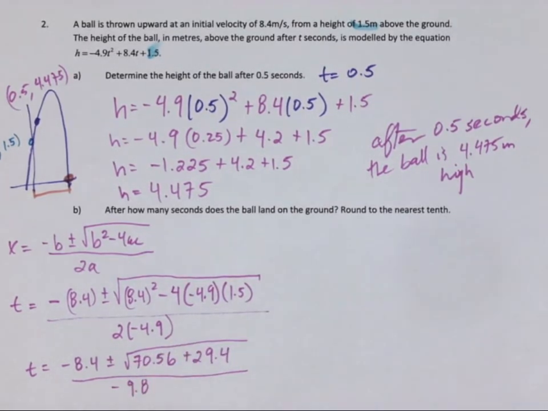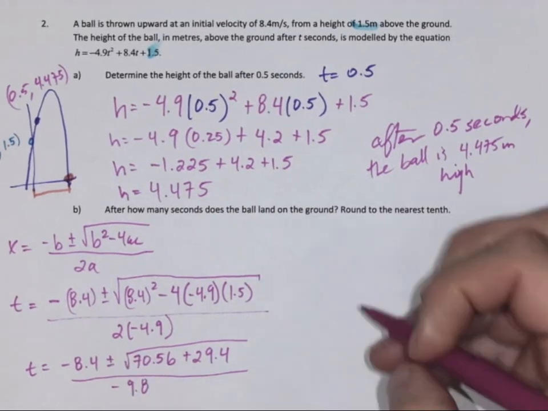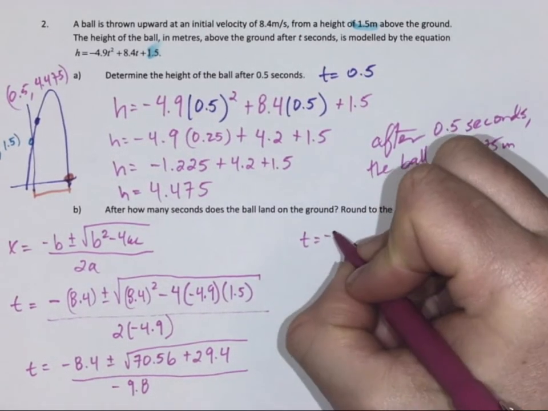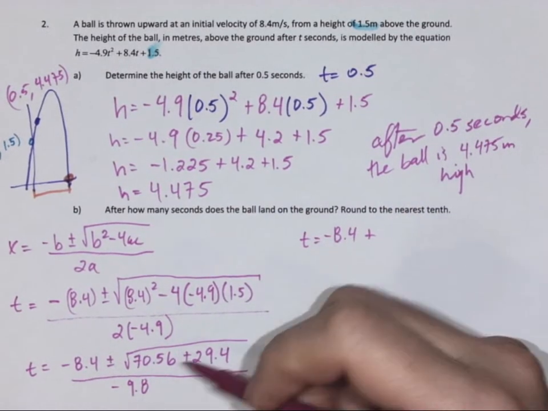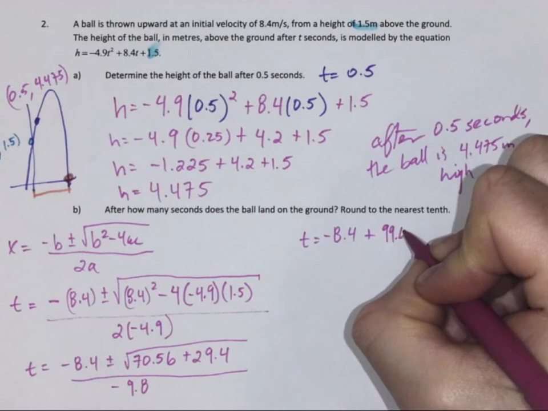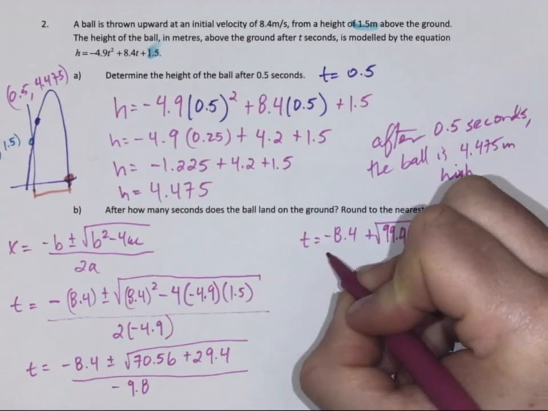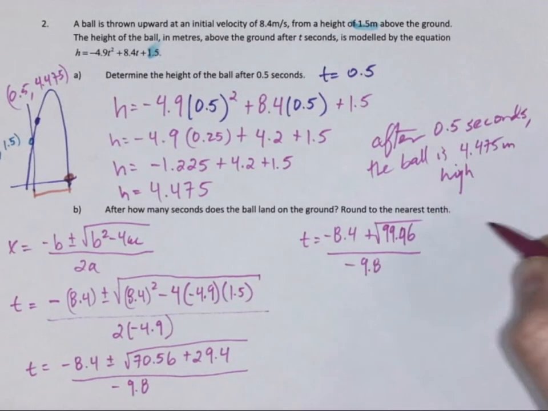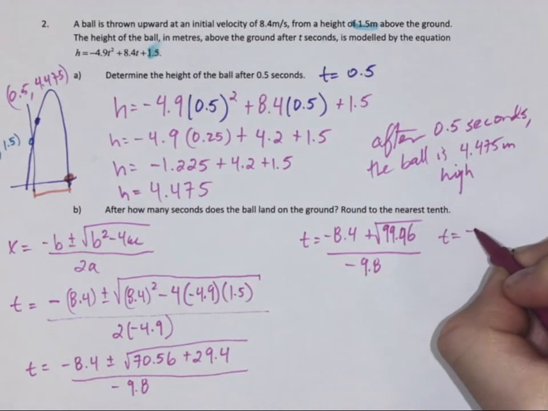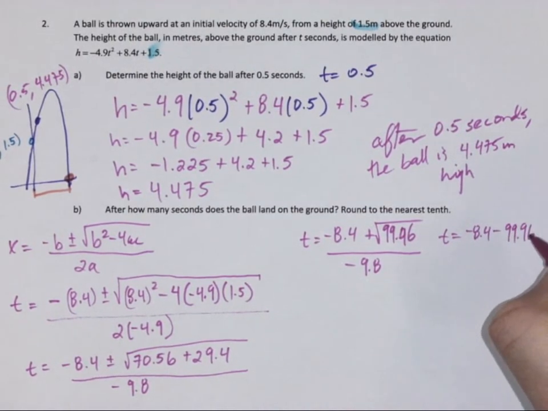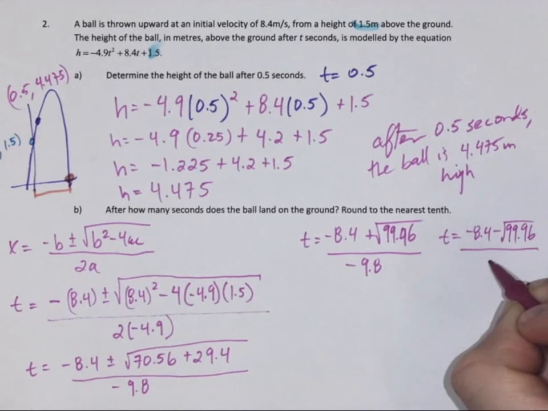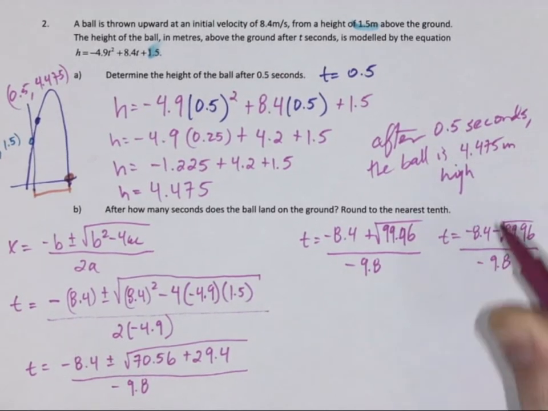If I split that into two, the positive side and the negative side, I have negative 8.4 plus the square root of 99.96 all over negative 9.8. My other solution, negative 8.4 minus the square root of 99.96 all divided by negative 9.8.